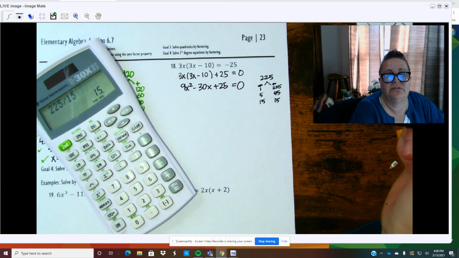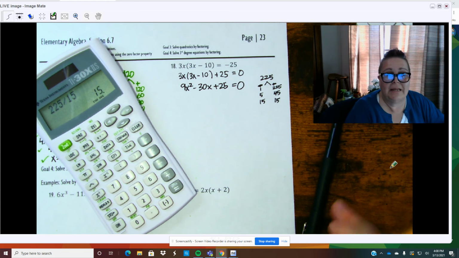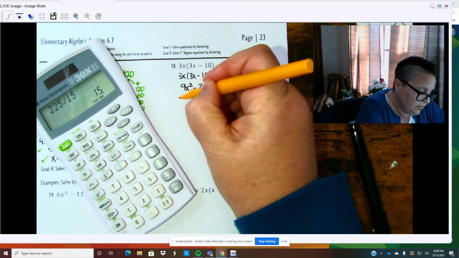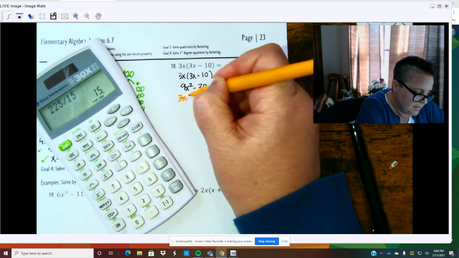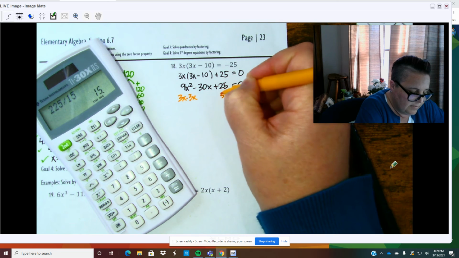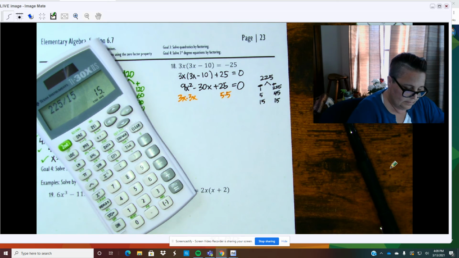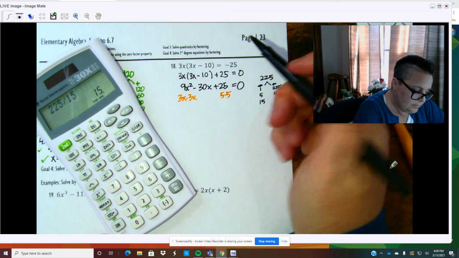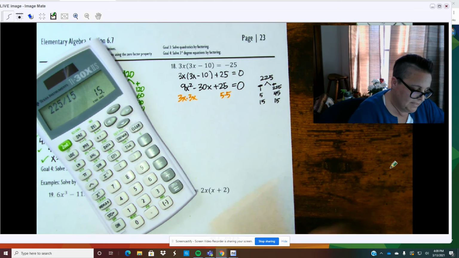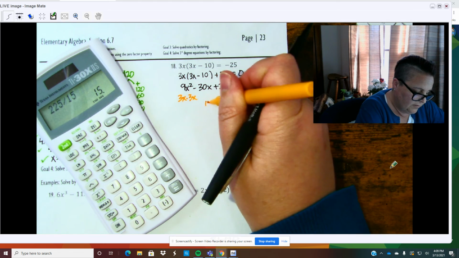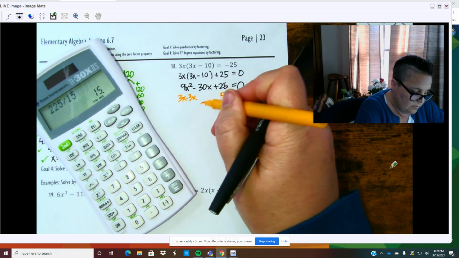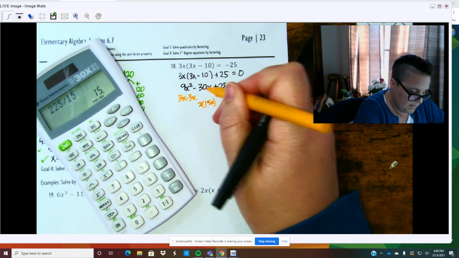Dude, it's a perfect square trinomial again. Ugh, okay. I didn't recognize it. All right. 9 is a perfect square, so that's going to be 3x times 3x. 25 is 5 times 5. If I multiply them together, 3x times 5, that's 15x, and when I double it, I do get a 30.